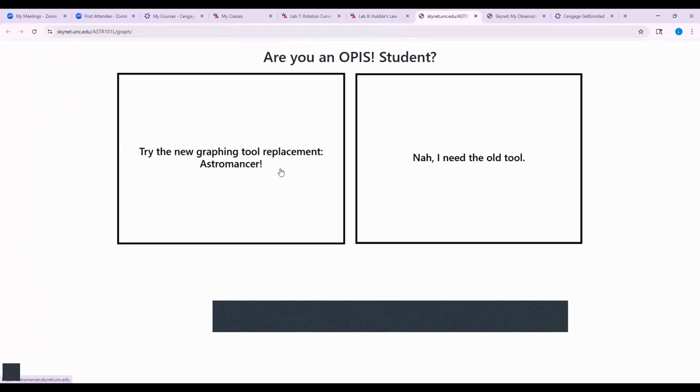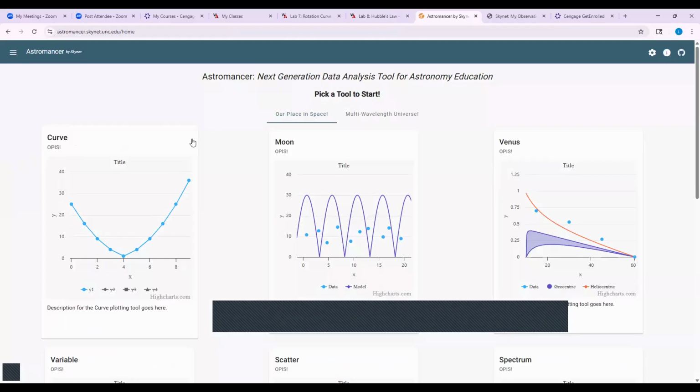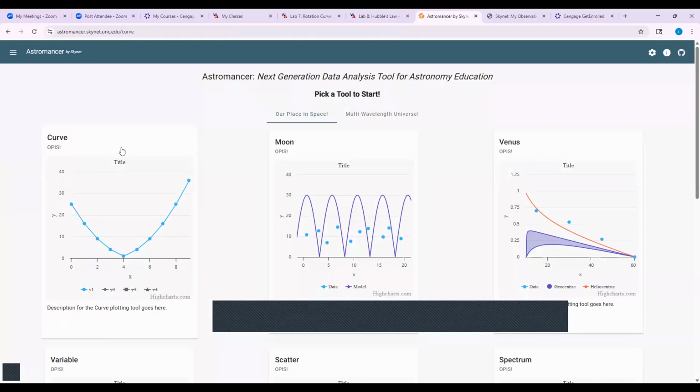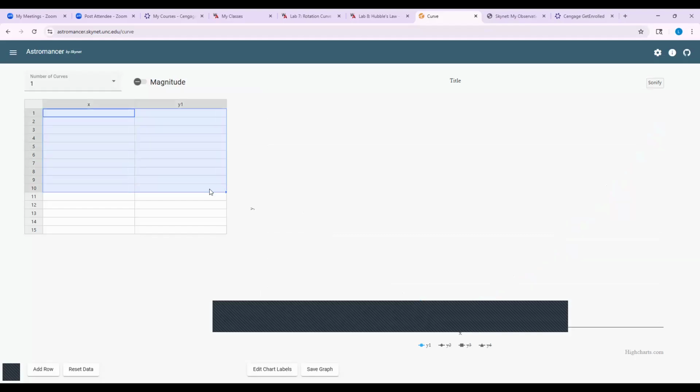Do you see Astromancer on the screen? Yes, okay. Therefore, you just go here to the curve, and you may see some random numbers. You delete those, and then whatever you recorded on the X and Y, you just bring it here.